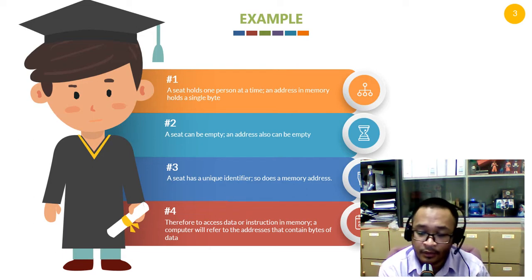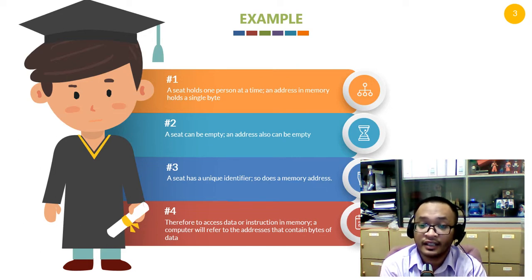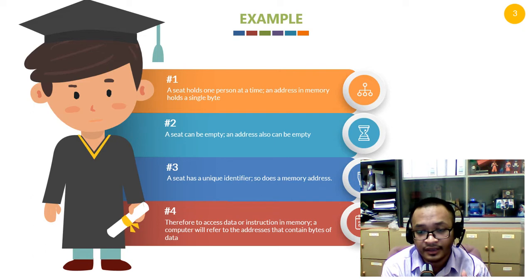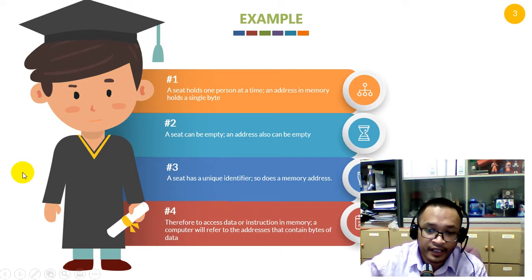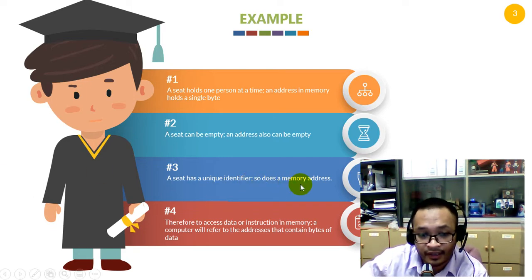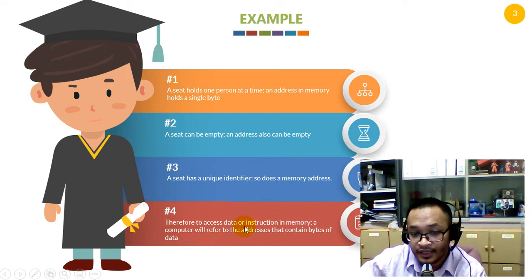The more empty addresses you have, the better your computer will run, because these empty spaces will be used for other programs to be inserted into the system memory. A seat also has a unique identifier, and so does a memory address. Therefore, to access data or instructions in memory, a computer will refer to the address that contains the byte of data.